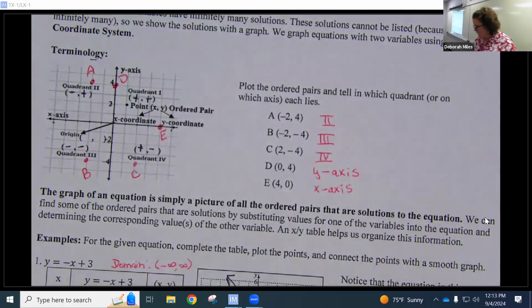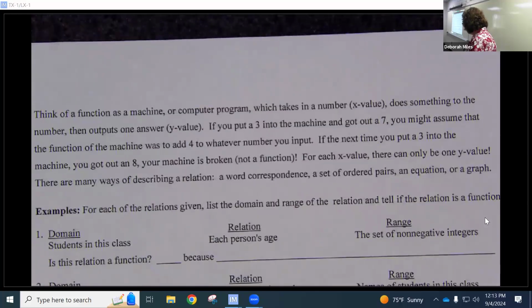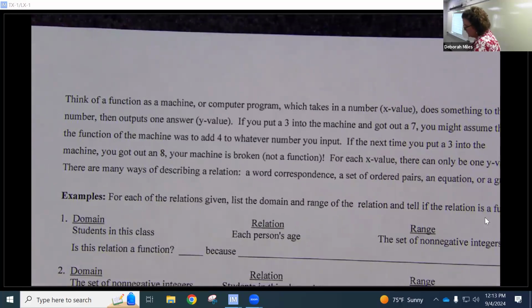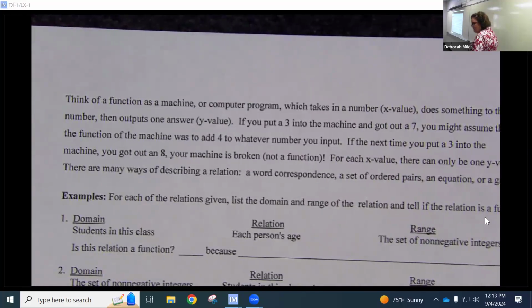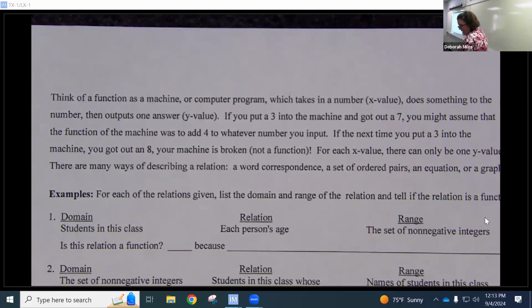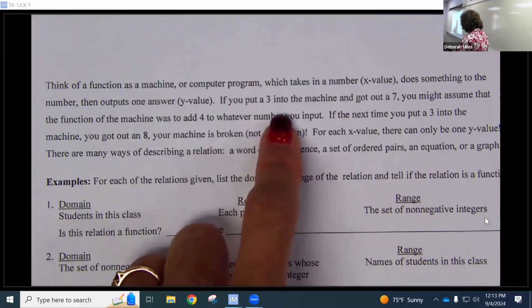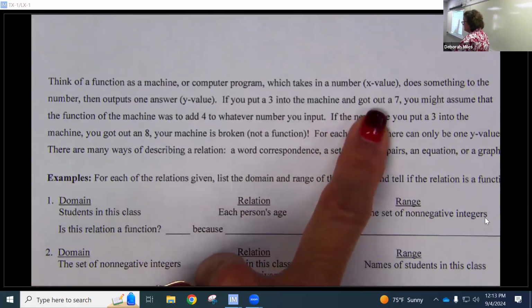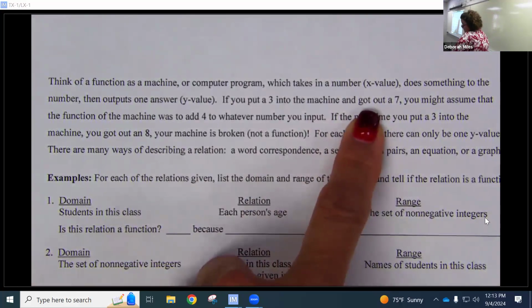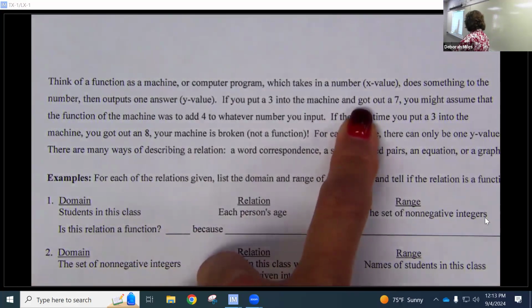I like to think of a function as a machine. It's a machine that has a job. For example, if I built a function that I put in a 3 and it spit out a 7, I'd go, this must be an adding 4 machine. That's a logical assumption. I guess there are other things you can do to 3 to get 7, but the most obvious one is adding 4.